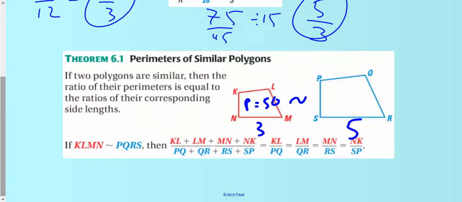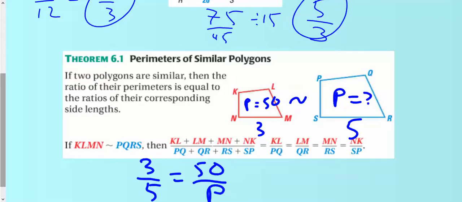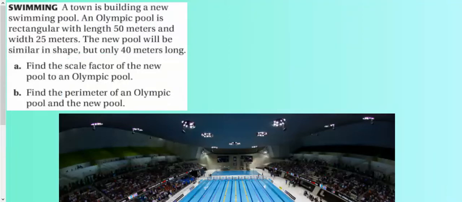You can figure out the perimeter of this one really easily by using a proportion. You can do 3 to 5 equals 50 over the perimeter of the large object, and then cross multiply and solve for p. So it gives you a way to find the perimeter without knowing all of the side lengths.